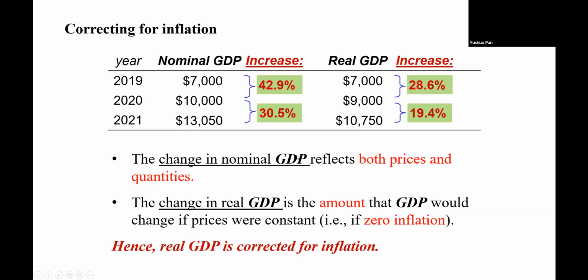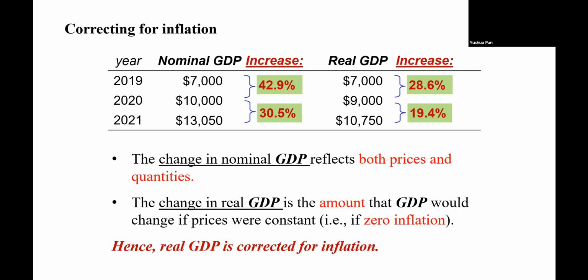The change in the nominal GDP reflects both price and quantity. Because when we calculate nominal GDP, we use the price in that specific year. So if the nominal GDP increases, it counts both the price increases and also the quantity increases. But the change in the real GDP is the amount that GDP would change if the price were constant, which means the price stays the same.